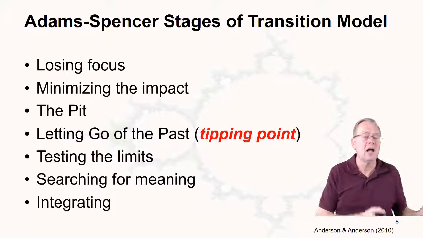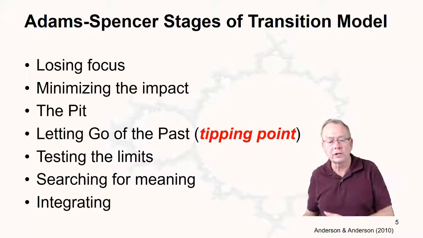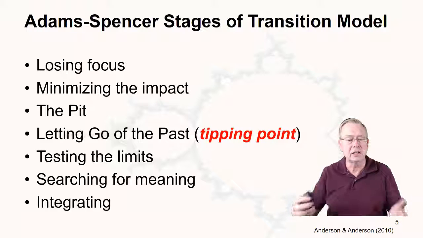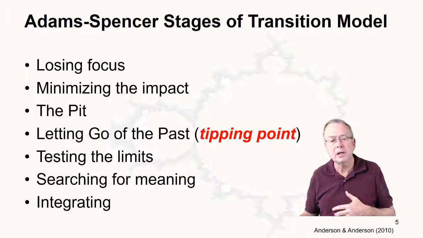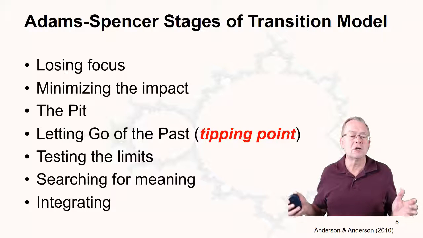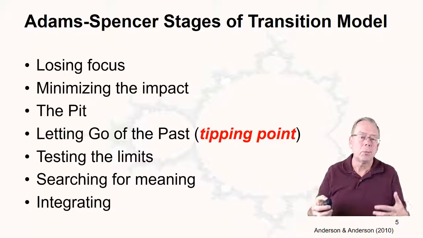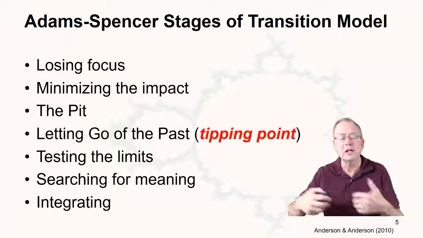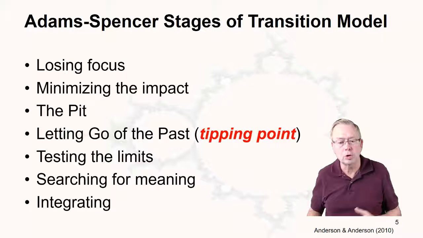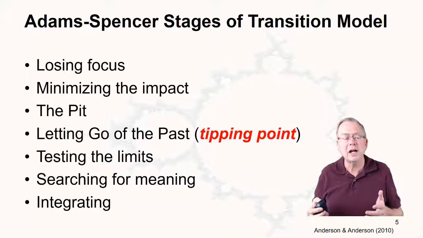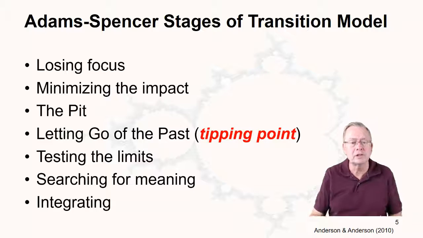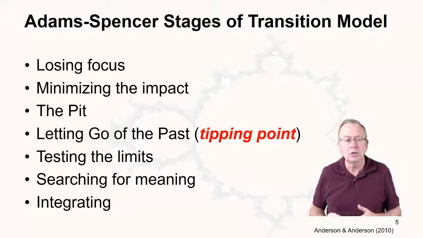You let go of the past and you're moving forward once again, but you're testing the limits, you're searching for meaning, and eventually you integrate the new ways of doing things with your old and you become more competent. So there are stages here similar to grief, but a little bit different in that you're focusing on what you're doing versus how you're reacting to the change.